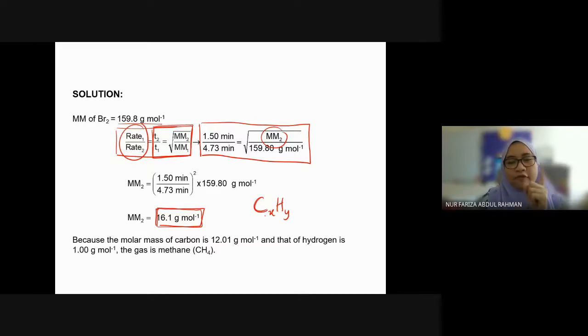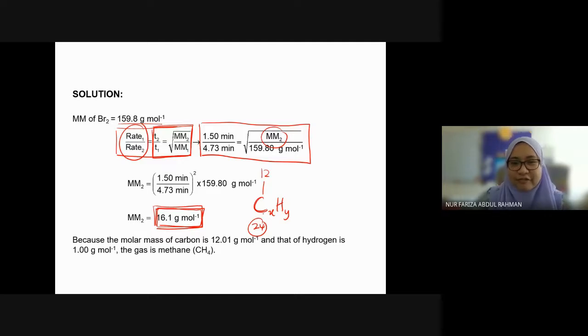If we have one carbon, which is already 12 gram, it is already there. If we have two carbon, the molar mass will be 24 and above, it will be more than 24. But the molar mass that we have here is 16.1, which is less than 24. So obviously, there's only one carbon in the molecule.